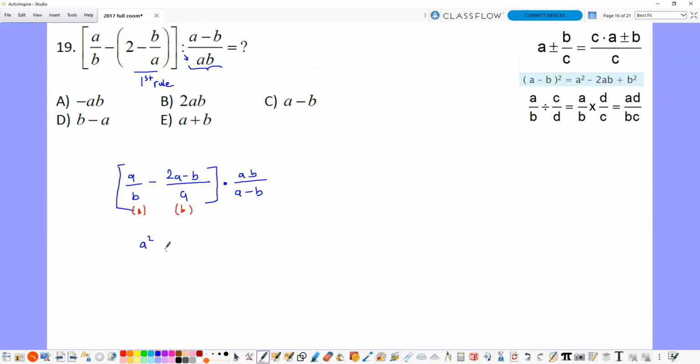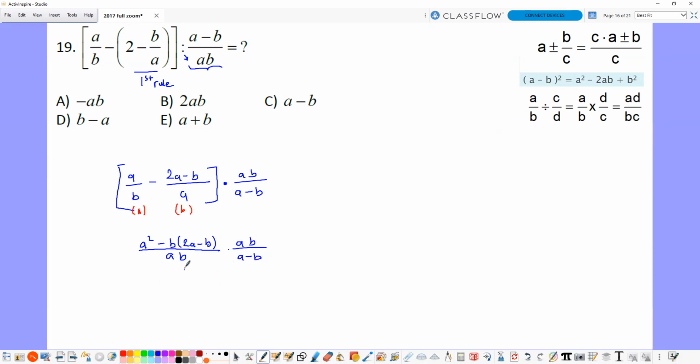Then we have minus sign here for both of them. B times 2A minus B divided by AB times AB over A minus B, it's going to be.